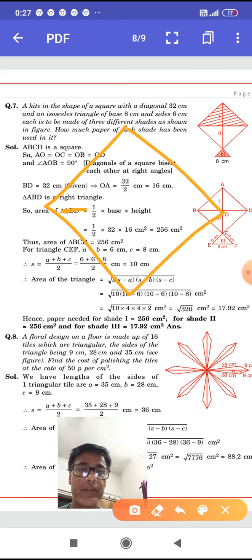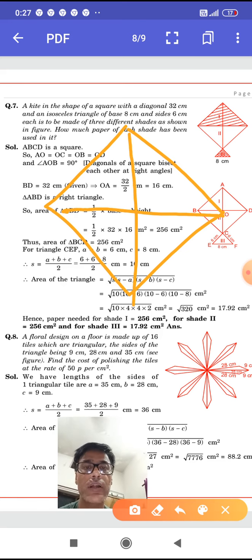We will make it. This is the diagonal of a square, and we know the properties of a square. The diagonals of a square bisect each other.